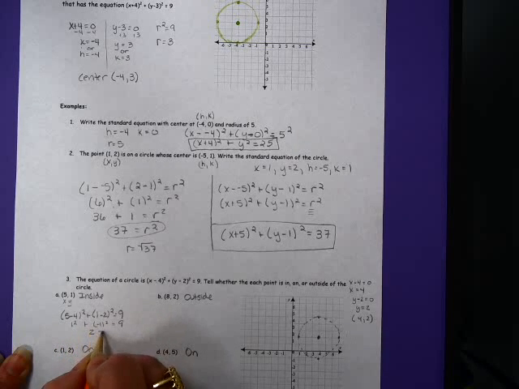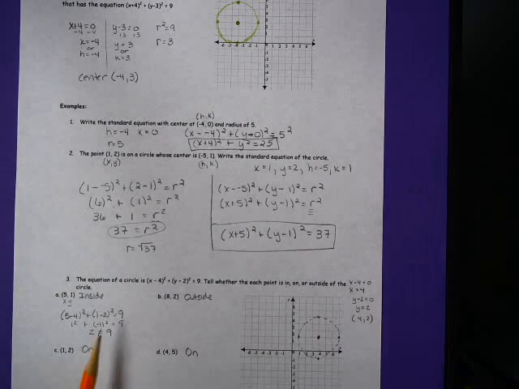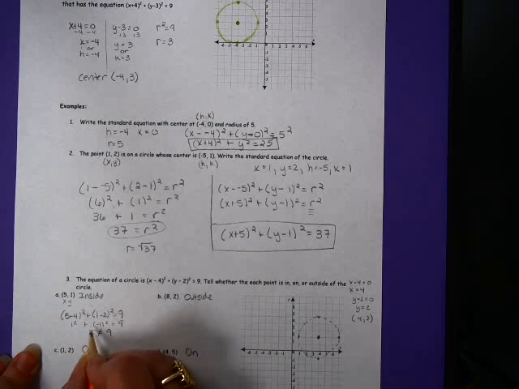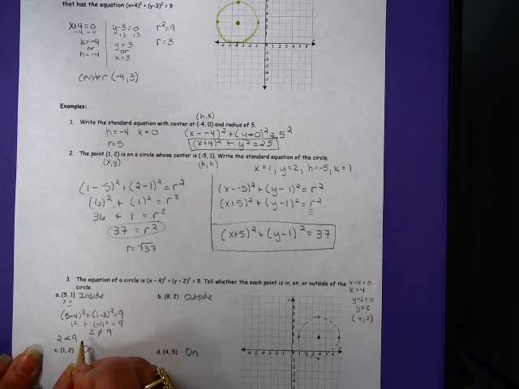So that's 2 does not equal 9. Okay, so since 2 does not equal 9, we know that it's not on the circle. And see how this left side is less than? 2 is less than 9. So that means that it's on the inside.